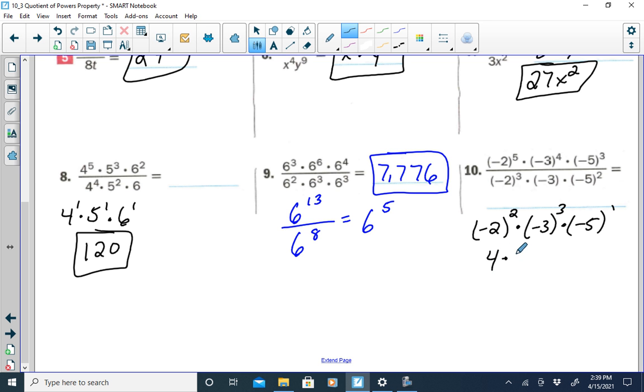Negative 3 to the 3rd power, 3 times 3 is 9, times 3 is 27. But we have an odd number of negative factors, so that's going to be negative 27 times negative 5. Negative times negative is positive, right? So our product's going to be positive. 5 times 4 is 20. 27 times 2 is 54, so that should be 540 for problem number 10.